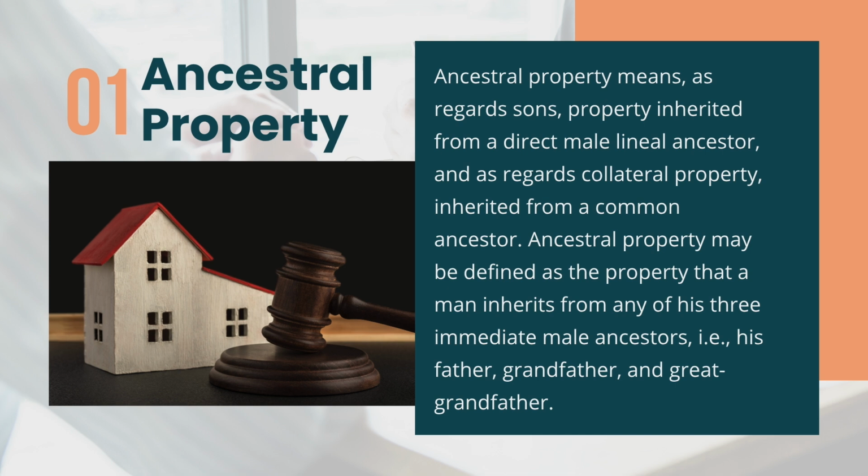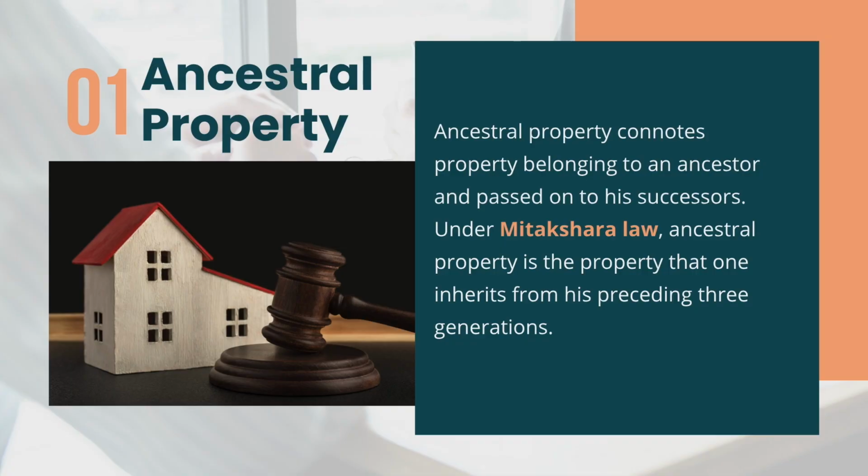Ancestral property may be defined as the property that a man inherits from any of his three immediate male ancestors, that is, his father, grandfather, and great-grandfather. Therefore, property inherited from any other relation is not treated as ancestral property.